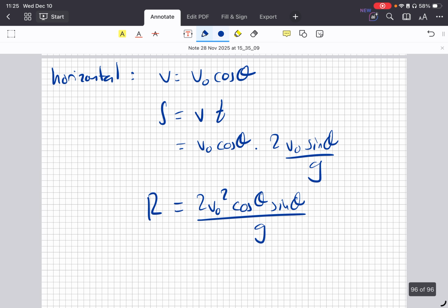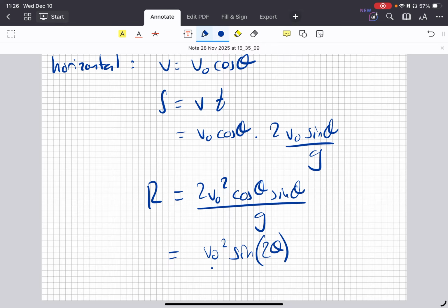And I can actually use a double angle formula. Sine theta times cosine theta times 2 is equal to sine 2 theta, so the range is v naught squared sine 2 theta over g.